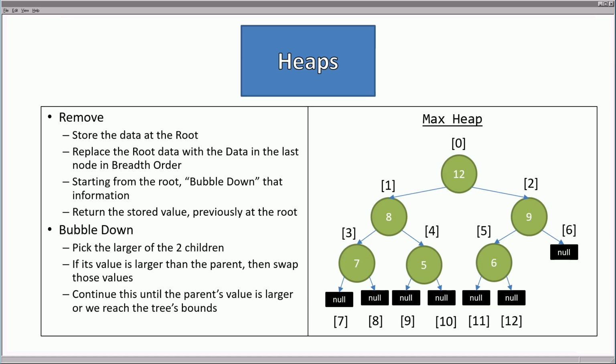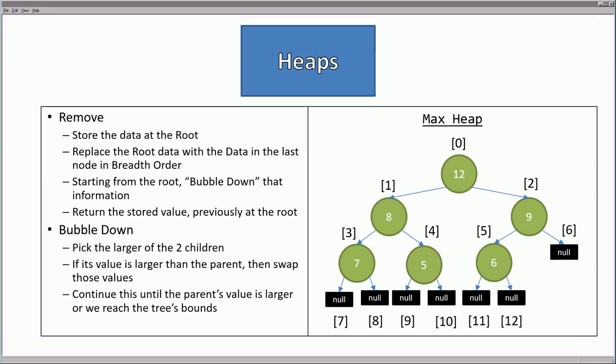A heap must only remove from the root. So the first thing that we do in removal is we store the data that was stored at the root. Then we replace the root data with the data in the last node in breadth order. Then starting from the root, we bubble down the information. And finally, we return the stored value previously at the root.